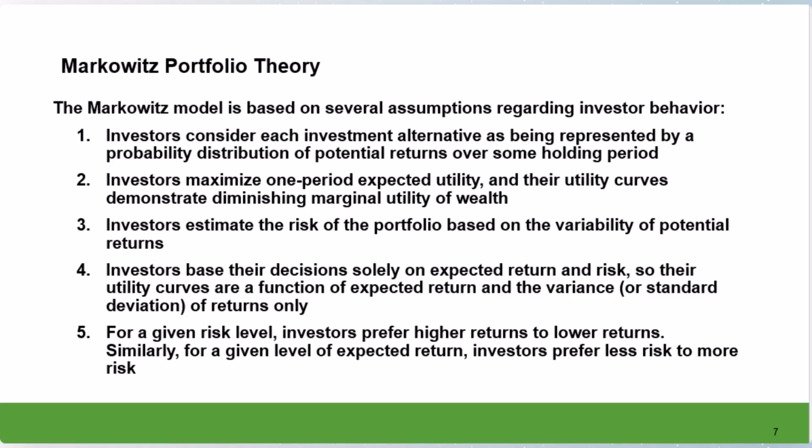Investors want to maximize utility. We'll talk about utility later in another video, but this involves diminishing marginal utility. As utility grows, its continuing benefit grows at a diminishing level, if you will.